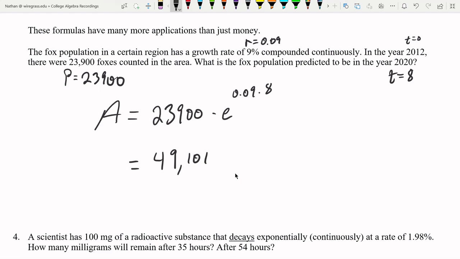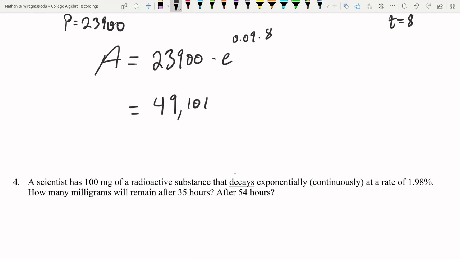So quite a bit. We've more than doubled our population in those 8 years. Of course, this is only the case if everything's exactly the same, which might not be very reasonable, but that's what we have here. Give it a try in number 4.